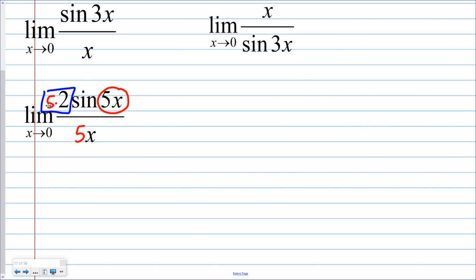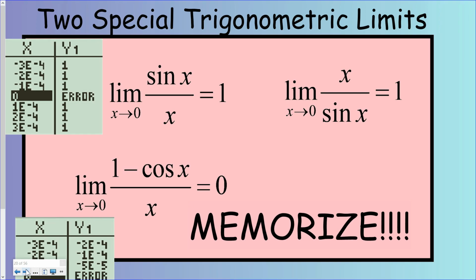Scalar limit properties tells me I can move this to the front. Do you see that? So this is going to be 10 times 1, which is 10. Okay, are you okay with this? It's not really hard, but if you're missing some small link, it's going to be tough for you. Okay? All right, let's move on. I'll post these notes, and hopefully that will help you.